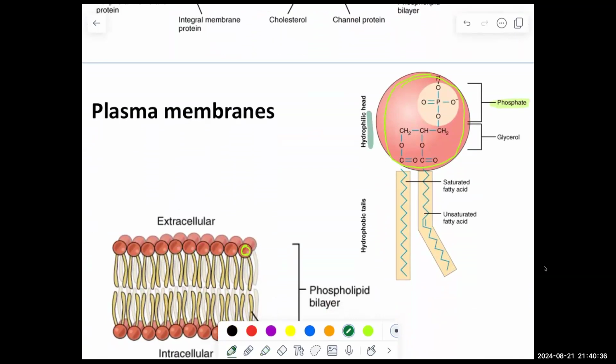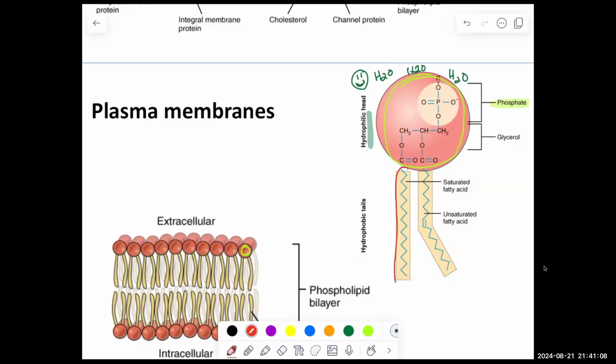The hydrophilic end means that it loves water. So that side is okay with mixing with water. Philic means love. Hydro means water. So water can touch this side, H2O, H2O. Water is okay with that side of the phospholipid molecule.